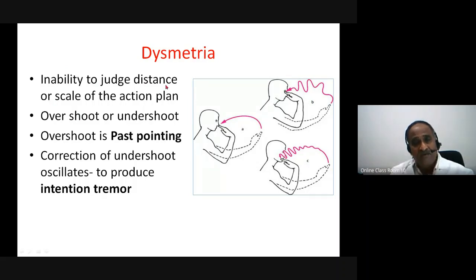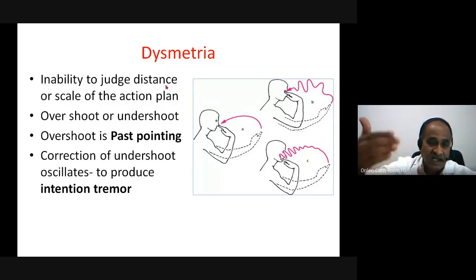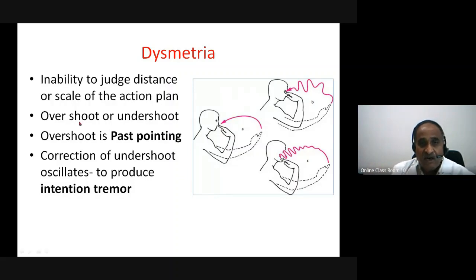So I gave the living example. That person is not able to scale down his actions. He does not exactly assess or judge the distance. This results in an overshoot or undershoot. Either he may go and hit the wall, or stand before the wall. Hitting the wall is overshoot, and standing before the wall is undershoot.